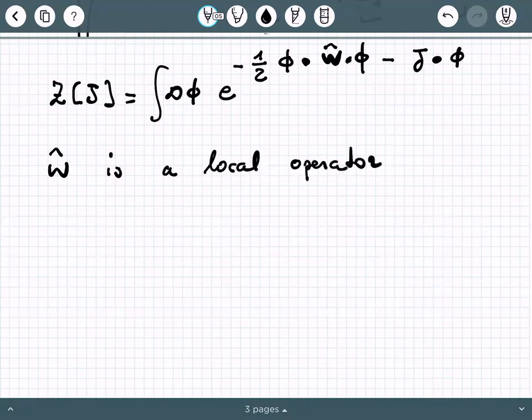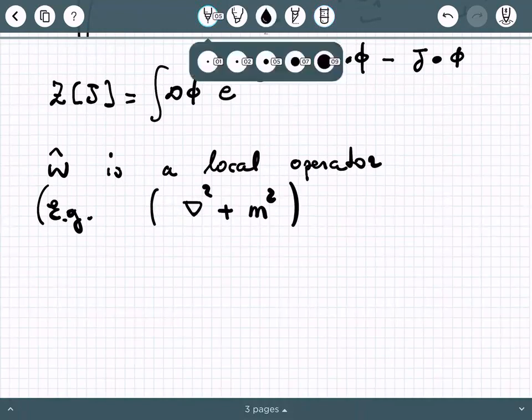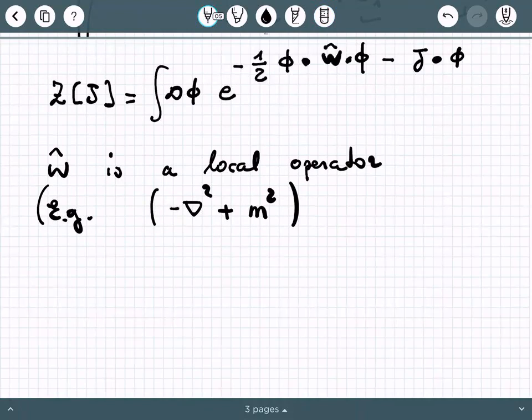and for instance, to be specific, we might have in mind the standard operator that enters in the quadratic term of Landau theory or in the free term of Klein-Gordon theory. Okay?